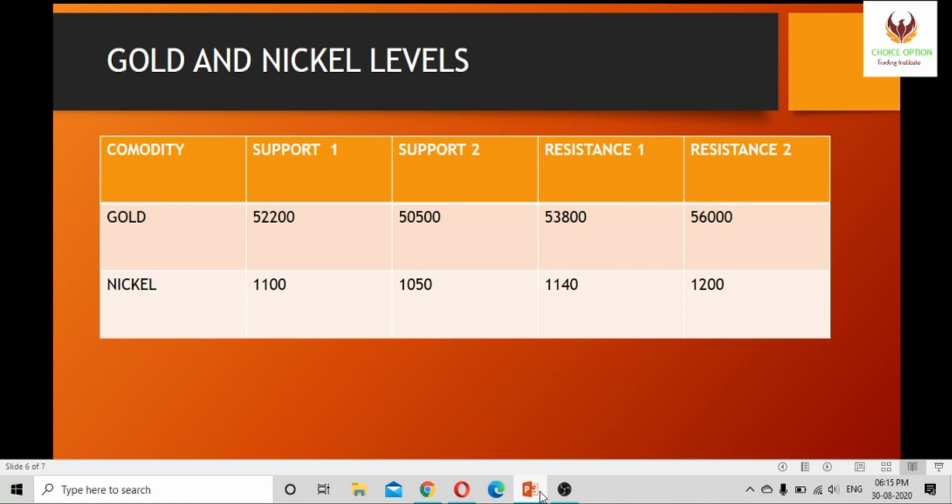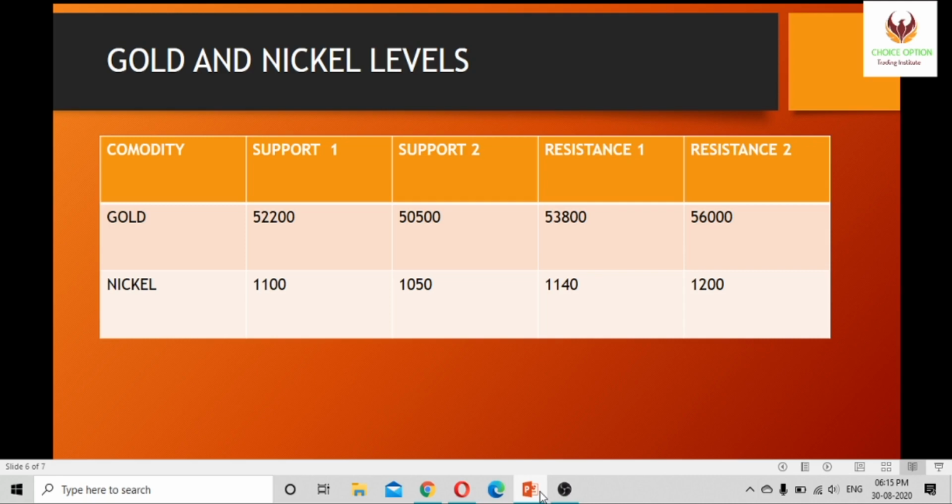At the same time it is forming a flag shape in this 15 minute chart, which reflects that there could be very high volatility in the coming days in either direction, positive or negative. I will give you the important support levels, and if these levels are breached, you can go long or short and make a good amount of money. So just note down these levels.